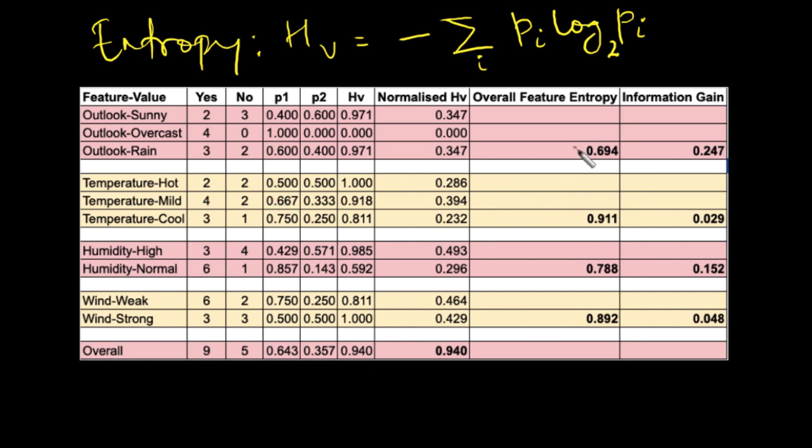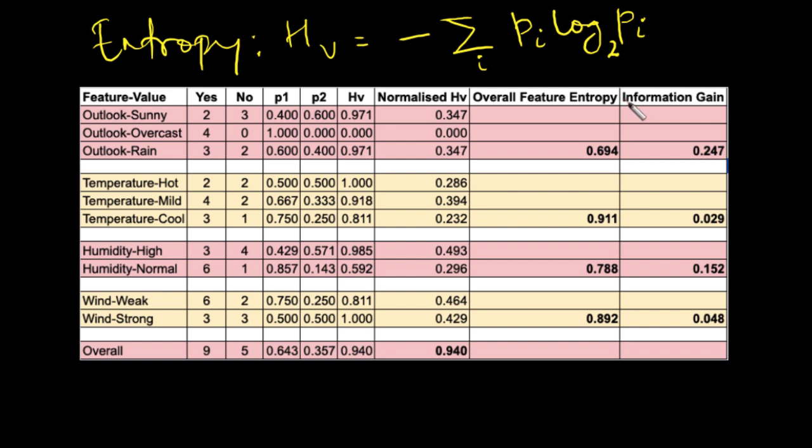Now out of these overall entropy values, you pick the attribute which has the lowest entropy, because low entropy means low disorder, which means better predictive power. So the outlook attribute has more predictive power than any of these three other attributes or features. Now instead of using entropy, sometimes it is mentioned that you use this quantity called information gain.